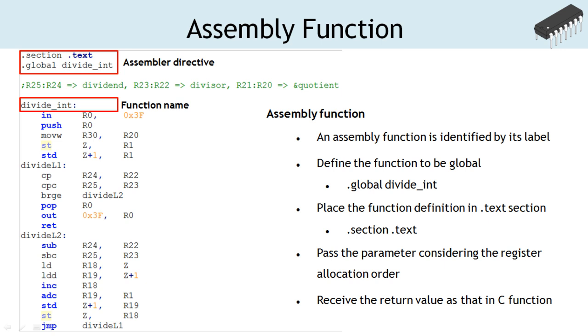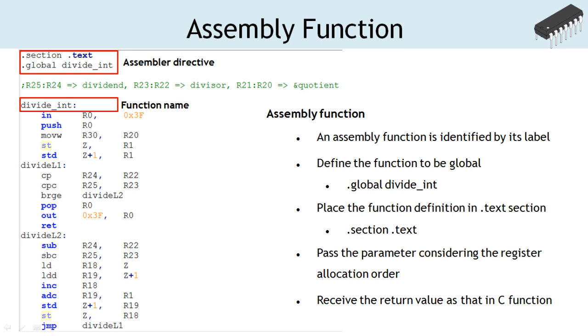As shown, I have defined a function named divide_int. The function is defined to be global using the .global directive. If it is omitted, the function will not be accessible from the C code. The function receives two integer type parameters and a pointer to an integer.